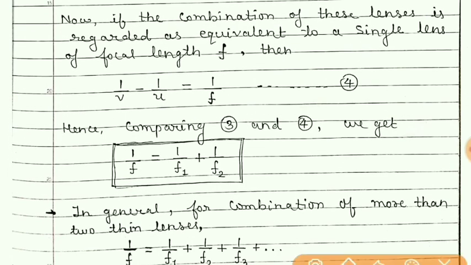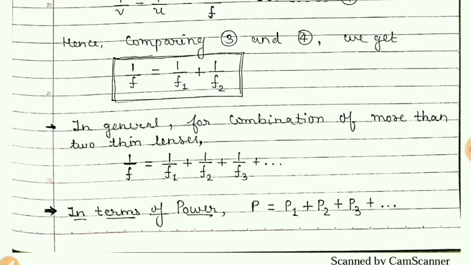Hence comparing, we get the formula for the focal length in the combination of two thin lenses. Now students, if more than two lenses are combined, then also in general we can write this formula.